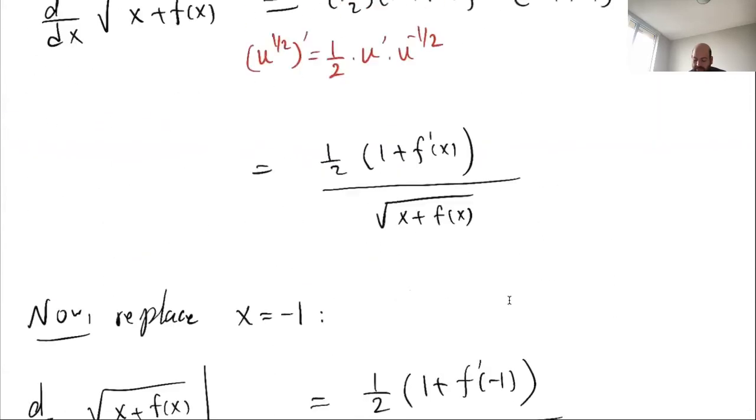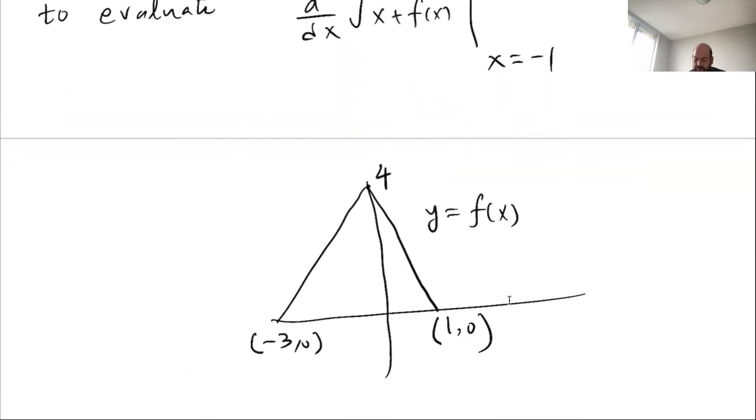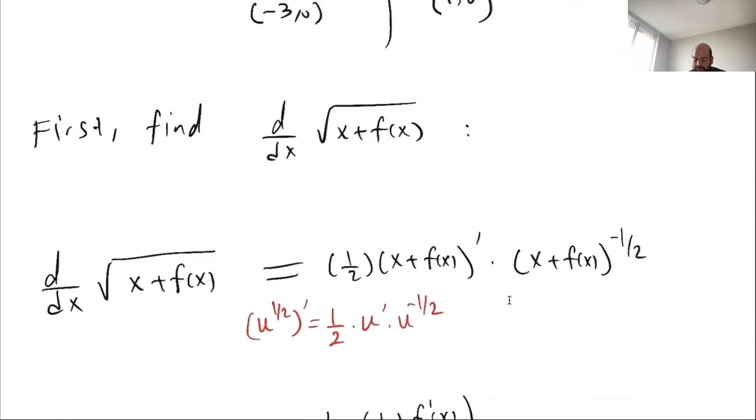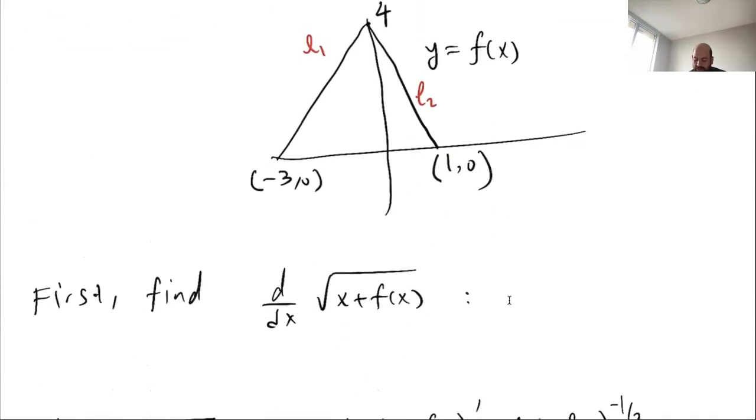If I call this line L1 and this line L2, then this will be the slope of L1.